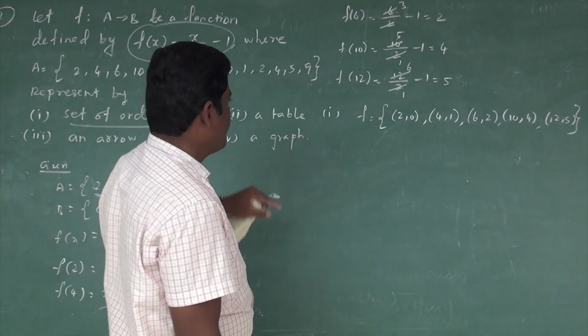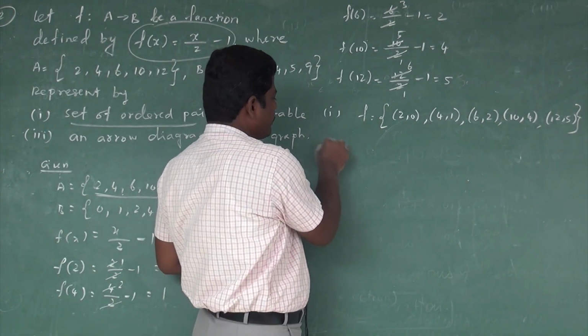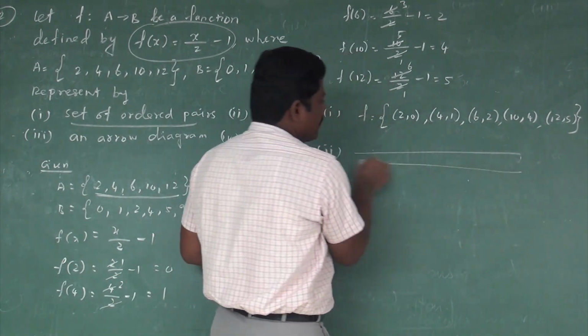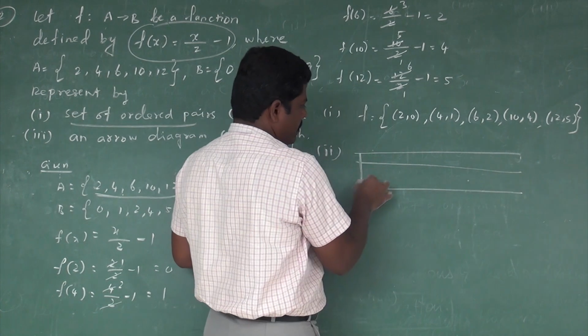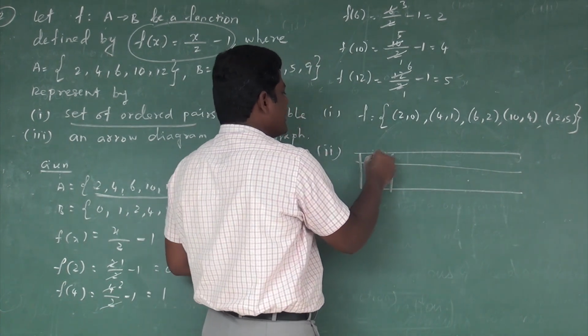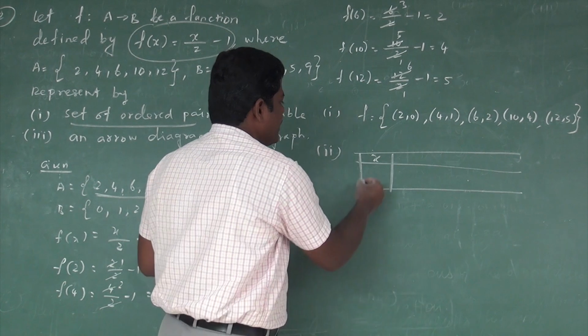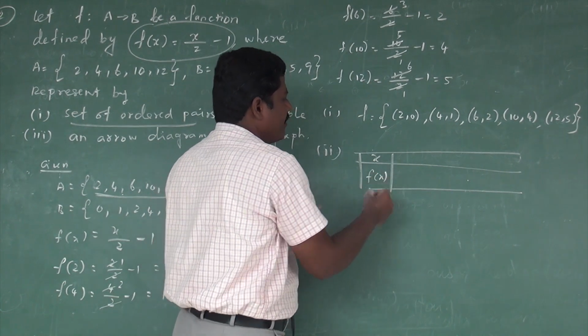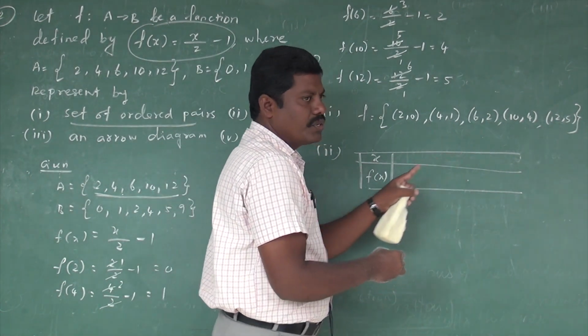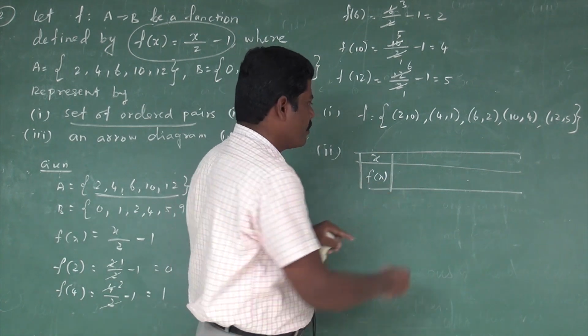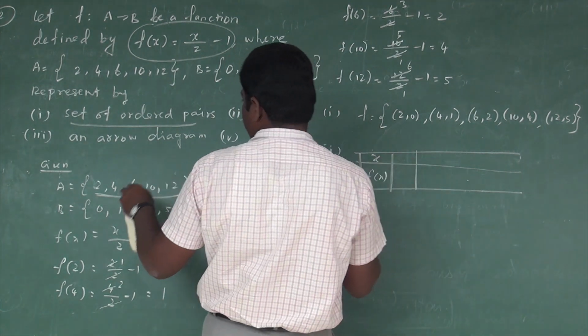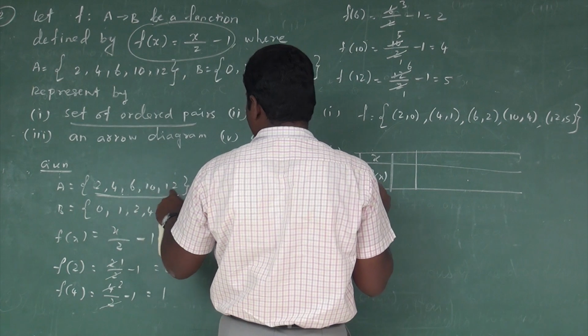Next question is a table. Next you want to write a table. Table means you want to draw two rows. One row is x and another row is f of x. Now you want to write x values in the first row and f of x values in the second row. So how many x values are there? 1, 2, 3, 4, 5 x values are there.